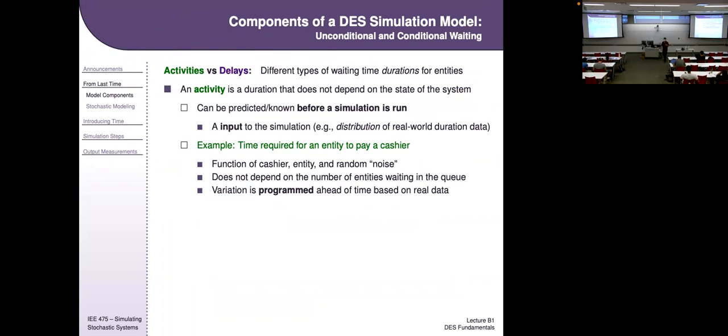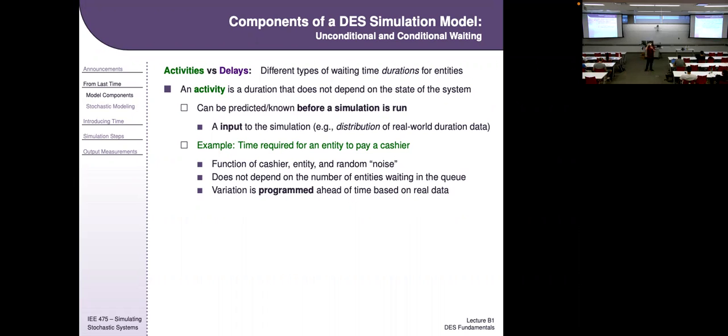An activity is a process duration that you know ahead of time without knowing the state of the system. So I might know that every time you go through an X-ray machine, it takes an average of 30 seconds to walk through the machine, and maybe there's a bell curve where it generally ranges from 10 to 50 seconds, again centered roughly on 30.